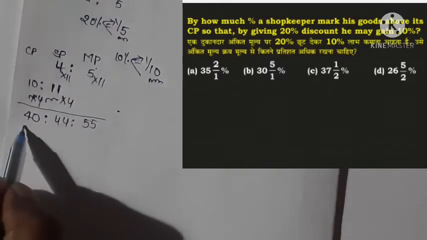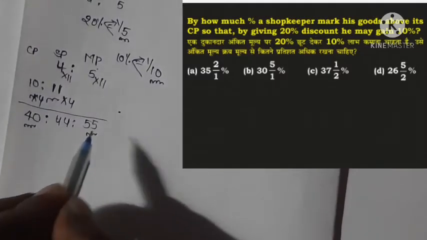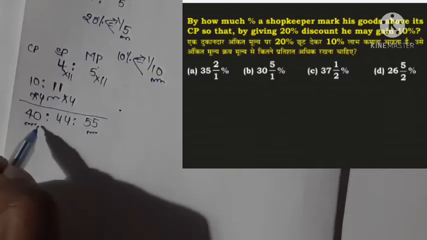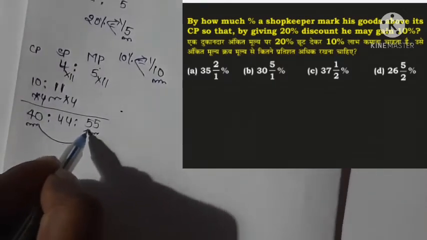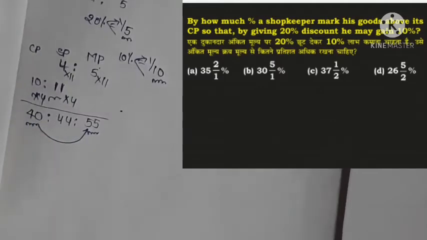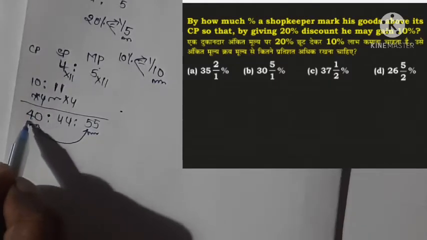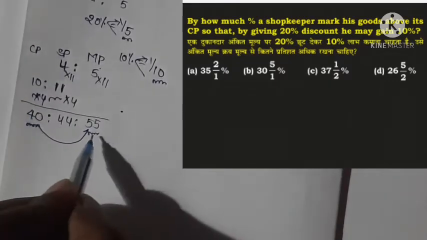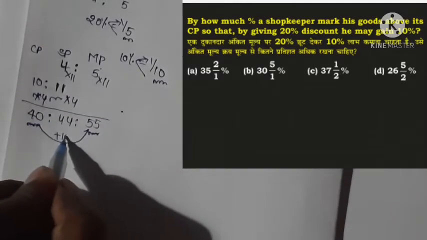Here the cost price is 40 and the mark price is 55. So it is above by 15.